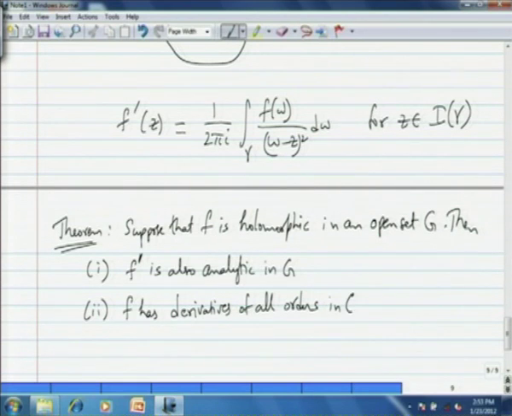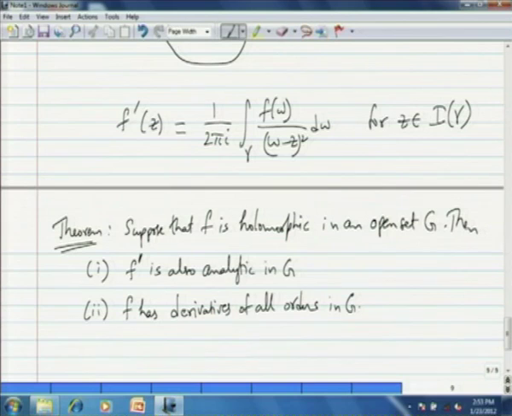If we show that f prime is analytic in G, then we can apply the first statement to f prime, which is analytic in G, and show that f double prime also exists, and we can continue this and say that the derivatives of all orders of f exist. So, the proof of the second statement is direct using the first statement.